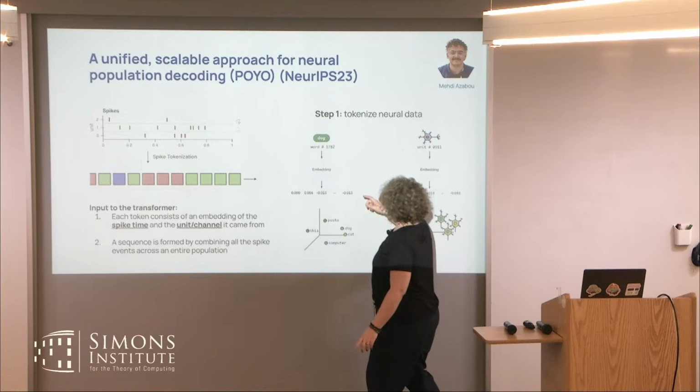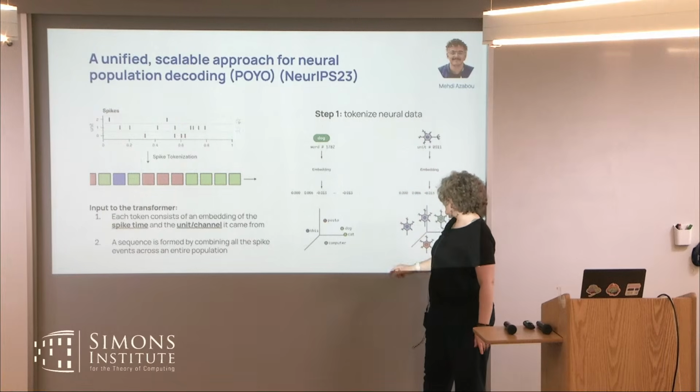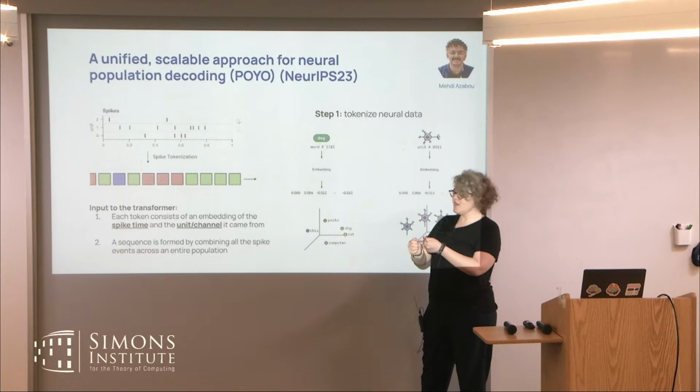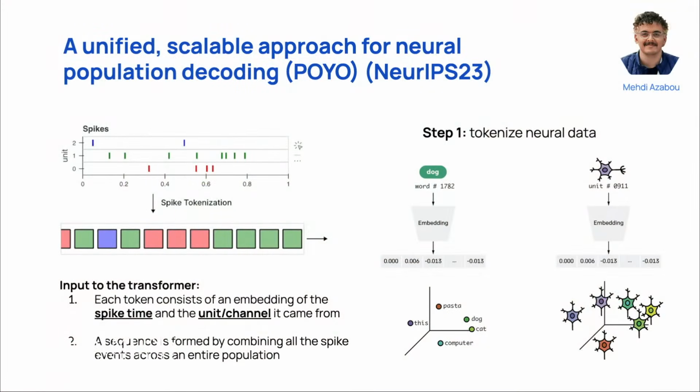So we can kind of think about that as, in language models, right? We could imagine that we have some sort of embedding of dog and cat, where it places those two tokens close to each other and further away from pasta. And so we think about maybe a similar mechanism underlying the learning of these neuron level embeddings.